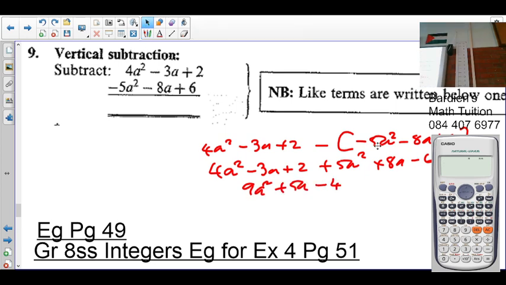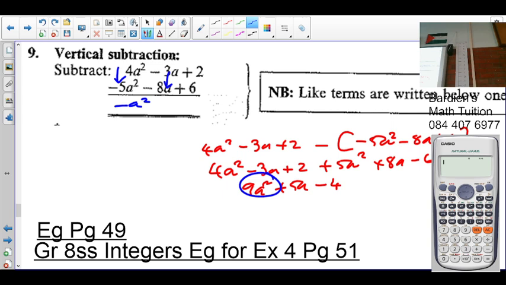With that in mind, if you're going to look at the sum here, if I add those two, what's going to happen? You're going to get negative a squared, which is not 9a squared. Can you see that? If we add negative 3a and negative 8a, we're going to get negative 11a and not 5a. Can you see that?